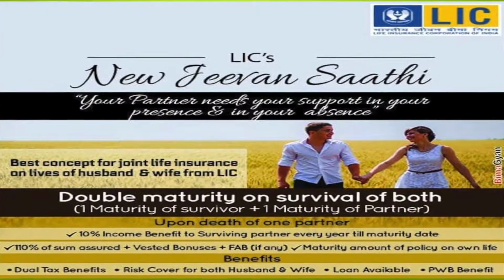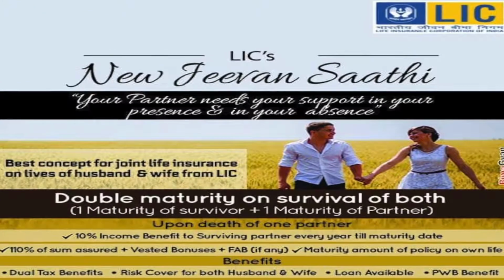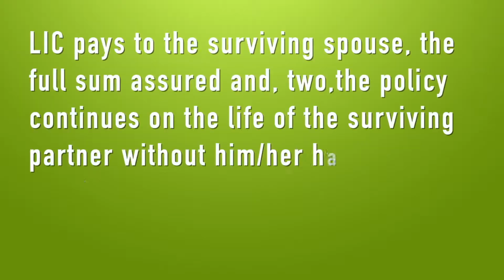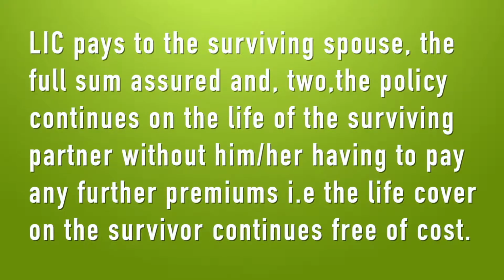In case either of the couple dies during the policy's term, two things happen. One, LIC pays to the surviving spouse the full sum assured, and two, the policy continues on the life of the surviving partner without him or her having to pay any further premiums. That is, the life cover on the survivor continues free of cost.